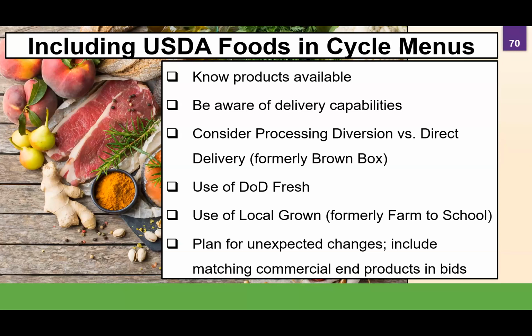And of course, plan for unexpected changes, including matching commercial end products in the bids. So maybe there's something that you're going to try and process, a chicken nugget. You're going to get whole chicken and you want to turn it into a chicken nugget, but make sure you also have a backup plan in case those processed chicken nuggets don't come in. Maybe you could still order them through, if your vendor was Sysco, you could still put that on your bid with your Sysco bid. So just plan for those unexpected changes.